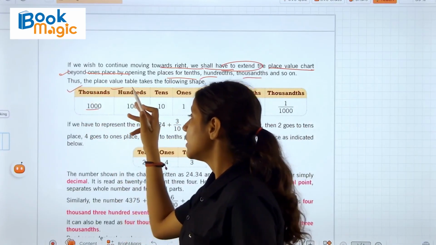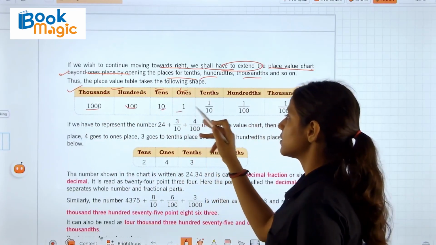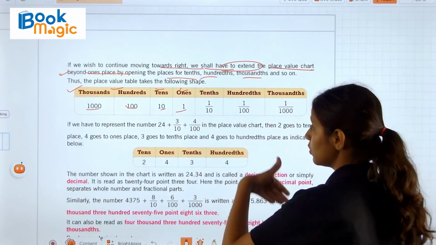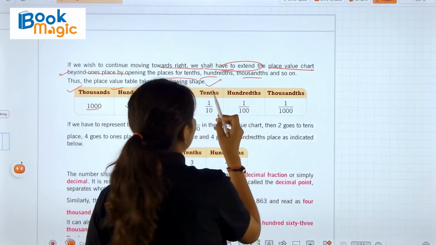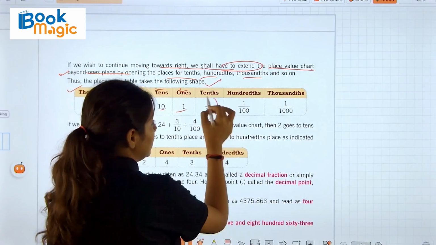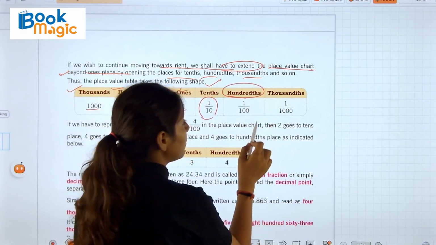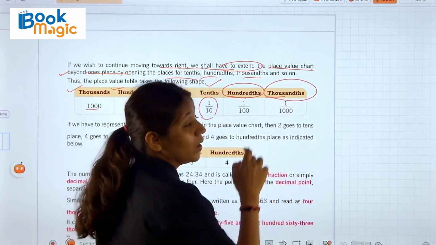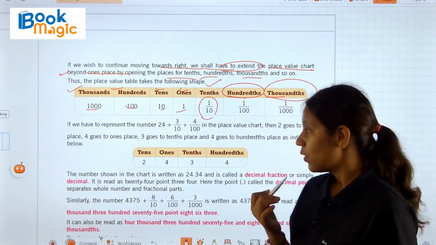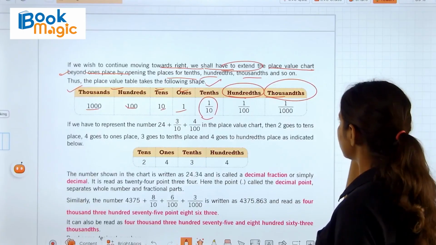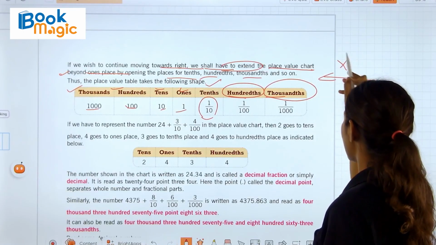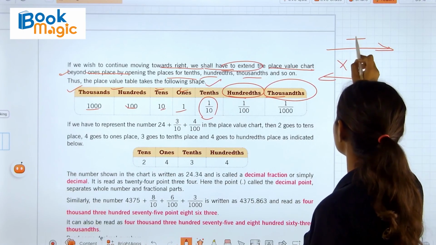Okay, then 100, then tens, then ones. Okay, now one more place is there, tenth, that is 1/10. That is denoted by 1/10 as a fraction. Now hundredth, 1/100, thousandth, 1/1000. Okay, and if we have to go this side, we have to just multiply. If we have to go this side, we have to just divide.